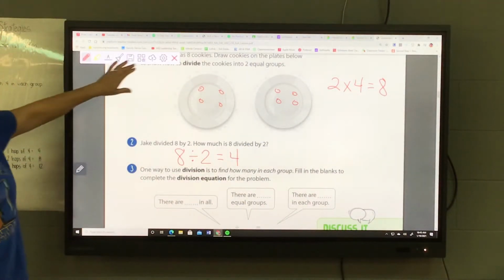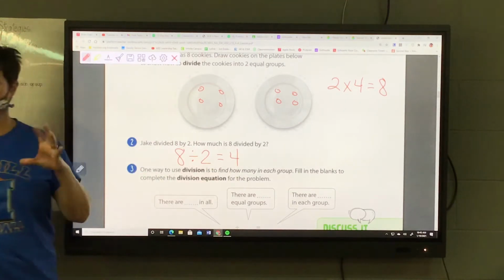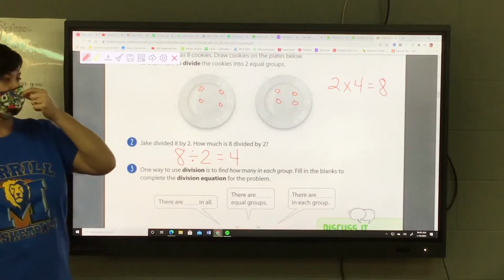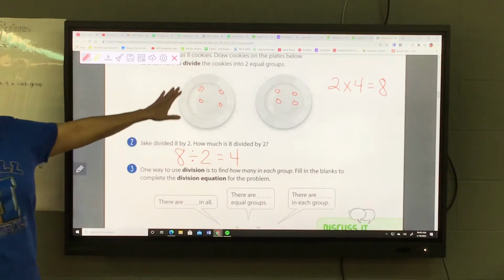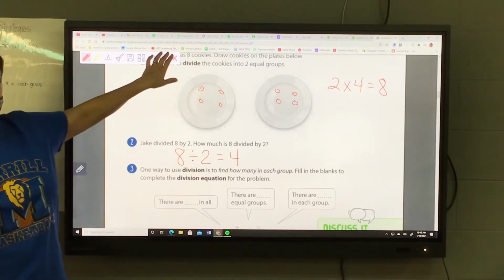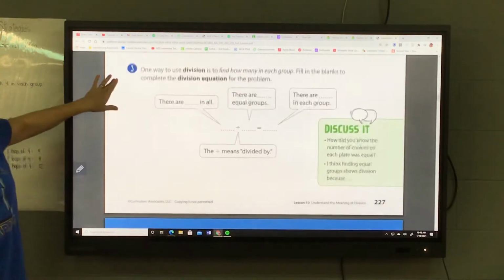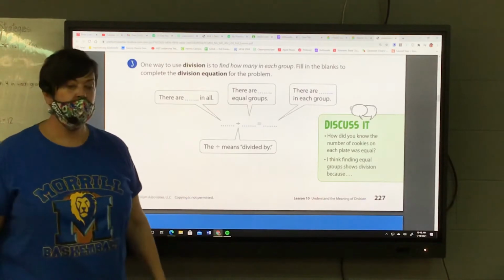Okay, so did you write that division equation? If not, write it down really quickly for 2. Everybody have it? Everybody's got it? Okay. What do you need?